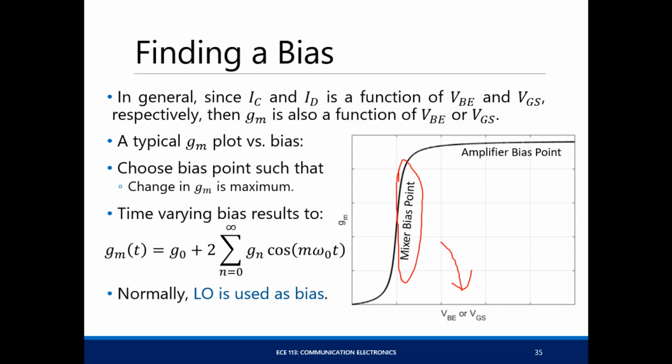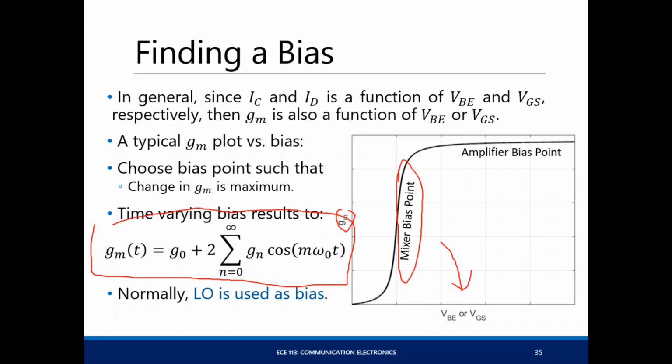And we use one of the signals, mainly the local oscillation, to be the input that biases this GM. Because of using LO as a bias, what happens is that the GM changes rapidly, and it results in a GM with this equation right here.